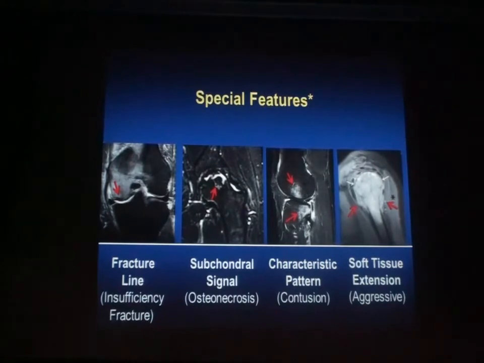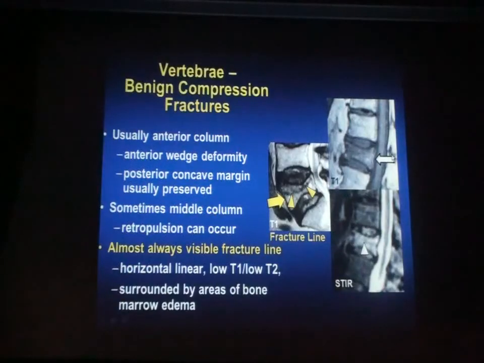Our residents always see bone marrow edema and they call it a contusion. It's not always a contusion. You need the history, you need the characteristic pattern, but here is a characteristic pattern from a pivot shift trauma injury. And looking for soft tissue extension, as we see here, telling you that it's an aggressive process.